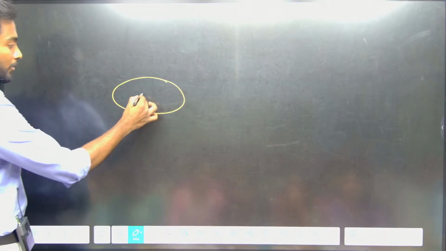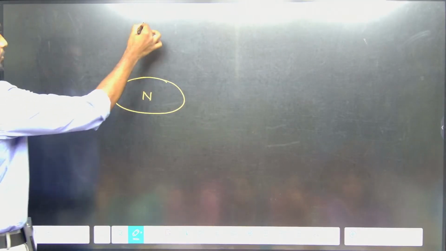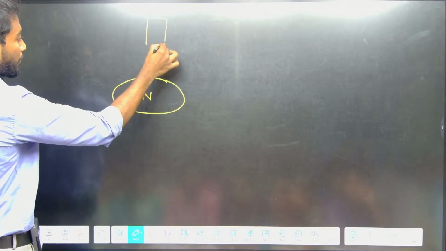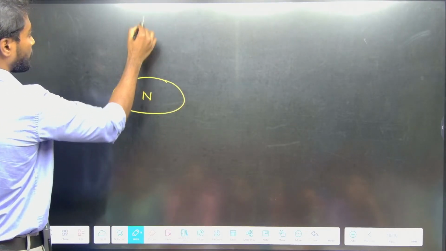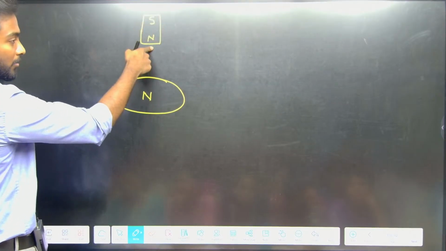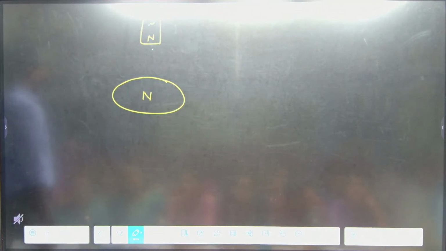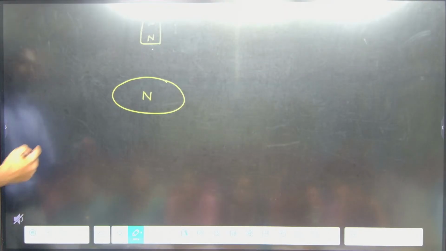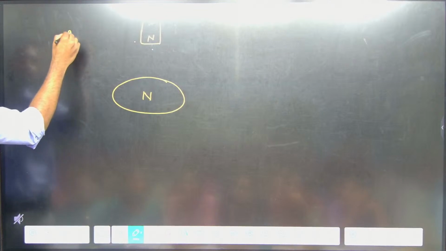There is a conductor. Okay, they have given the conductor's pole as north pole. Now in this conductor they have dropped a magnet. This is north pole and this is south pole. They have dropped the magnet and it is going with an acceleration a, for example.